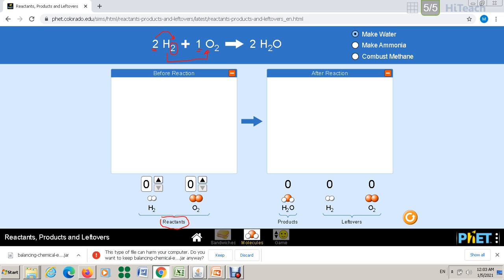Let's look here. Just hold on. I'm going to use first 2 molecules of hydrogen. As you see here, 2 molecules of hydrogen, which means you have 1, 2, 3, 4 hydrogen atoms. What else do I need?